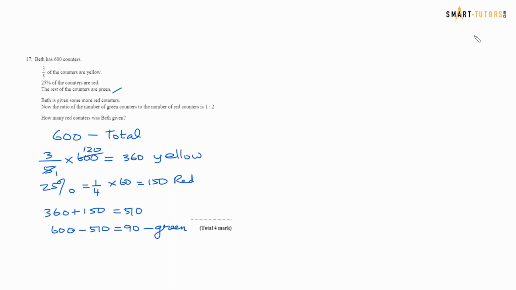So 90 counters are green. Now up to here we have done the first part of the question. Beth is given some more red counters. We already worked out 360 yellow, 150 red and 90 green. Red is going to be increased. Now the ratio of the number of green counters to the number of red counters is 1:2.